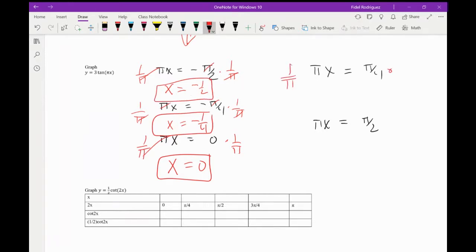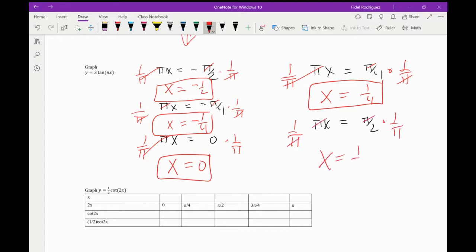One over pi. So these will cancel here. 1/4. And finally, 1 over pi and 1 over pi. And this is going to give me 1/2, right?